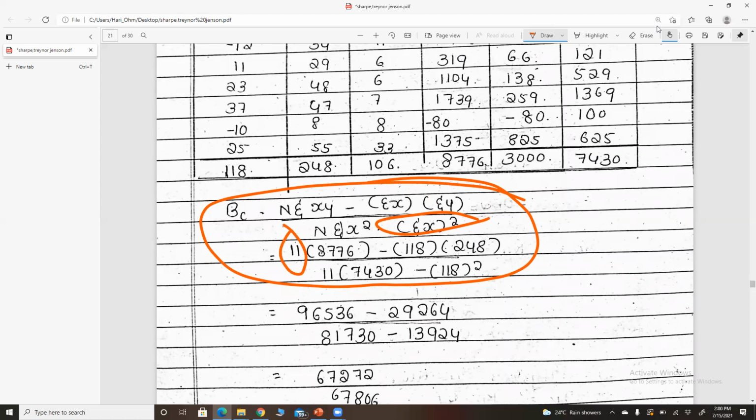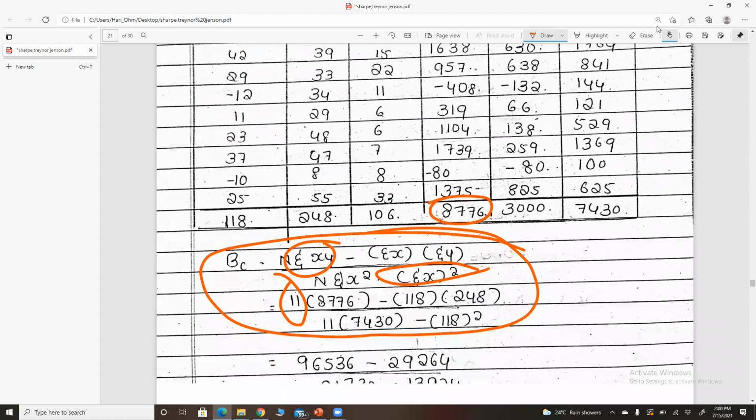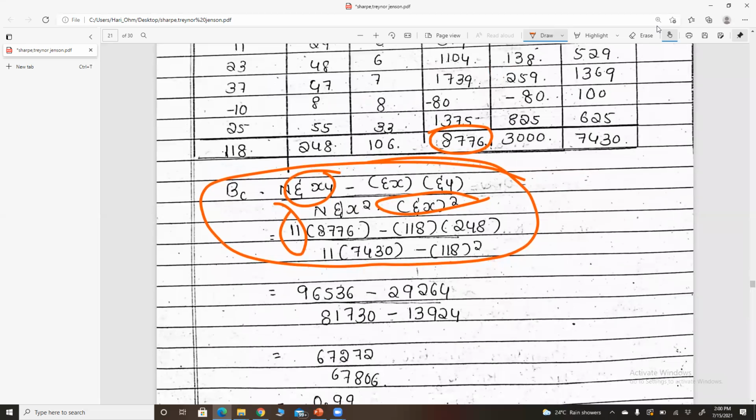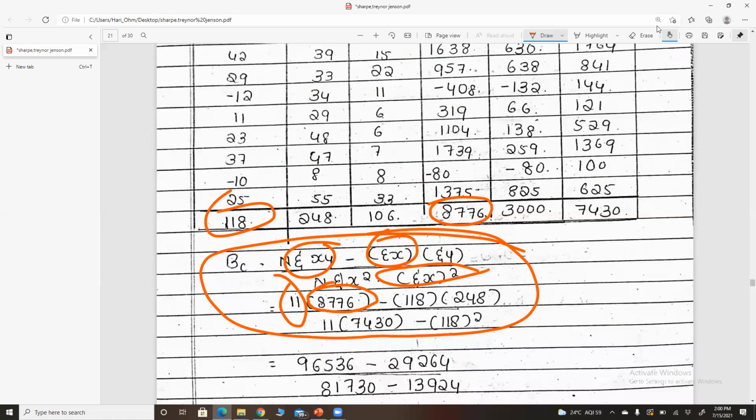Then see, n is 11, summation xy is 8,776. Summation x is nothing but the first column total, that is 118. Then summation y, the second column total, is 248.